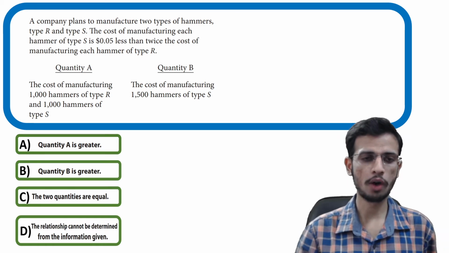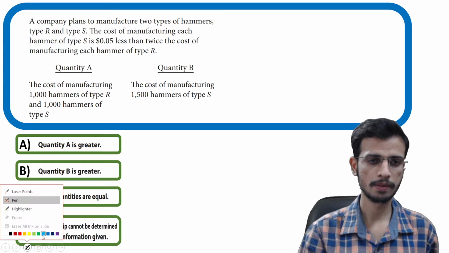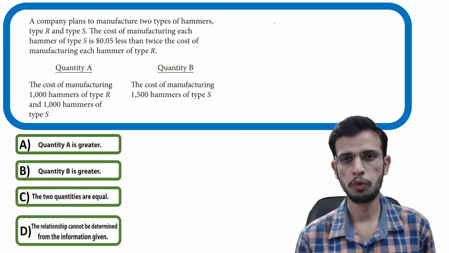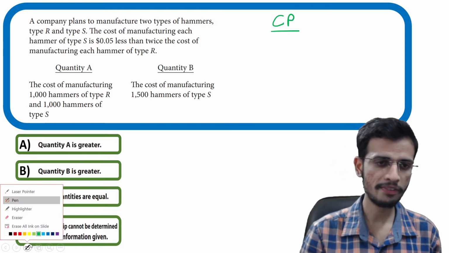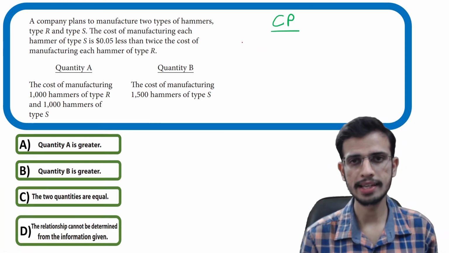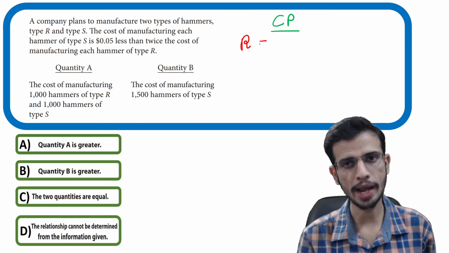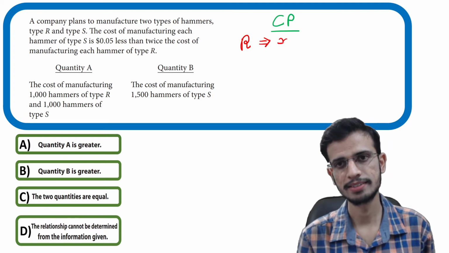So for cost price of R, I write this in this form. I am defining cost price of R is equal to X, right?